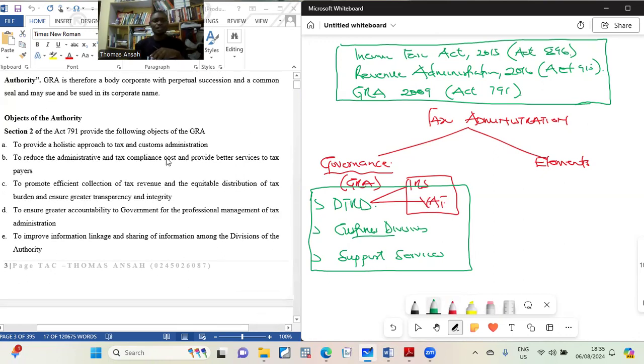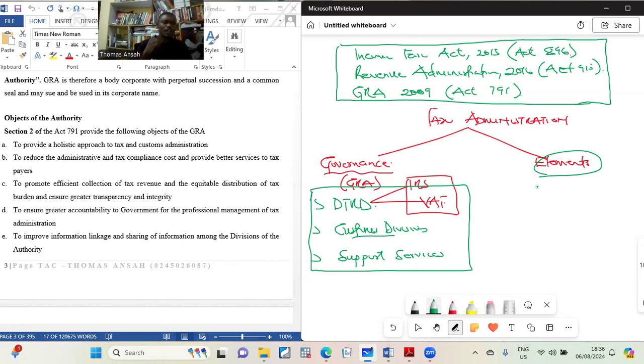Now, what are the objectives of GRA? What are they set up for? So know the divisions of GRA, know their objective. Their objective is simple, and their objectives are what we will later discuss as the elements. We will go into their objectives and their functions. We summarize them together, and that goes into the elements.